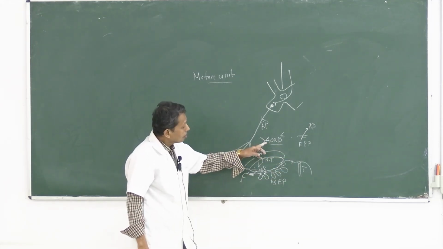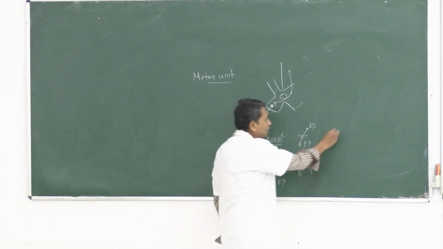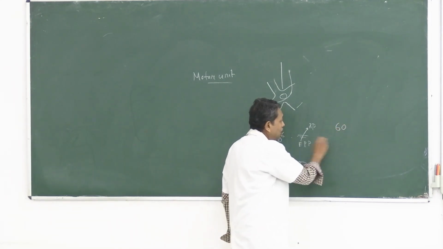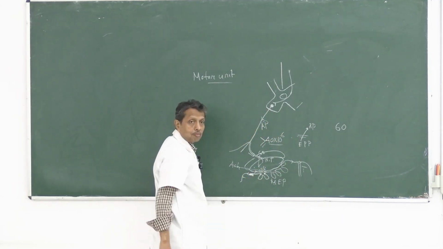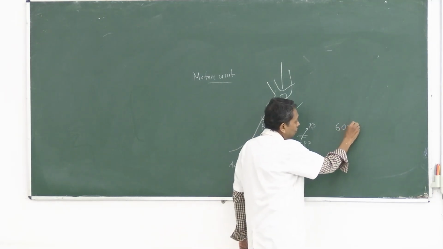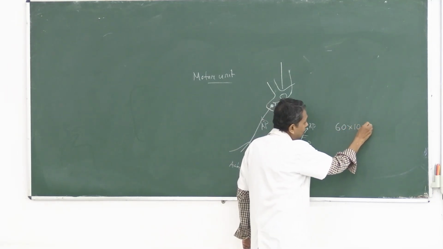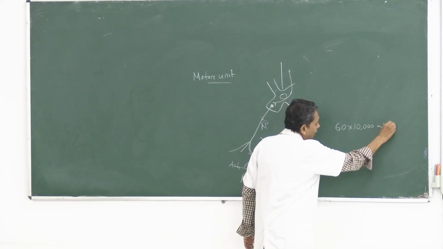And with a single action potential, about 60 vesicles are released, and each contains 10,000 molecules of acetylcholine.